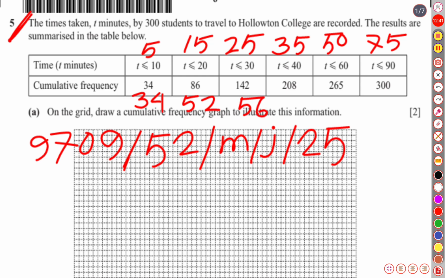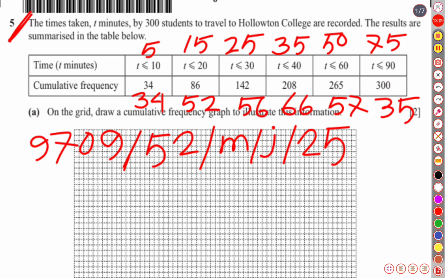So 34, 52, 56. Then from 208, if we subtract 142, it is 66. Then from 265, if we subtract 208, it is 57. Then from 300, if we subtract 265, it is 35. So these are the frequencies as well as midpoints of each of the classes.